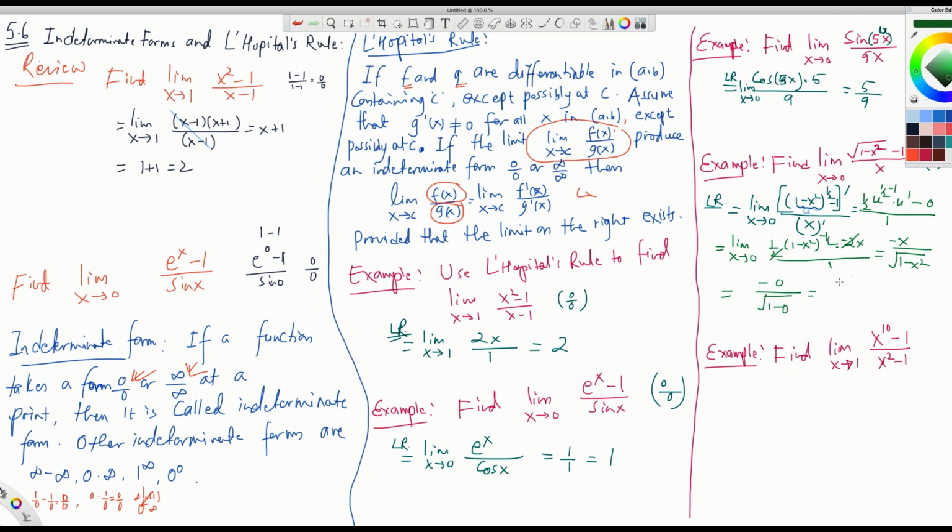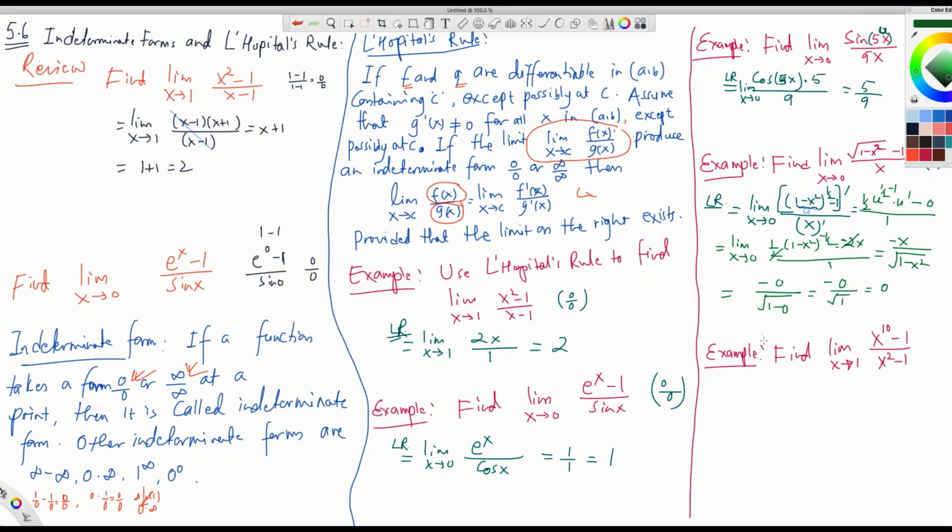So negative 0 over root 1 is basically 0. So the answer is 0, the limit is 0. Without L'Hopital's rule, it was almost impossible; you can do the conjugate, but that takes a long time, right? For some problems, you need to use L'Hopital's rule to find the limit. Otherwise, it will be very complicated.